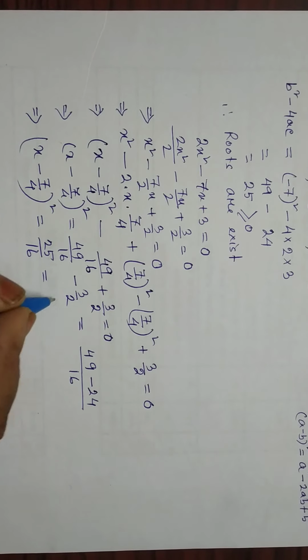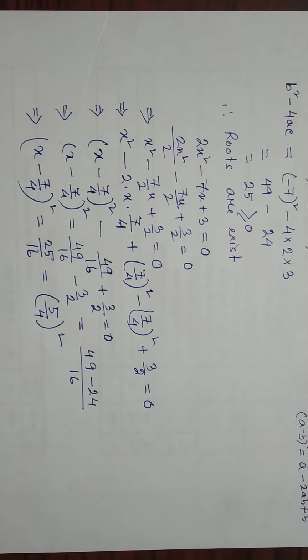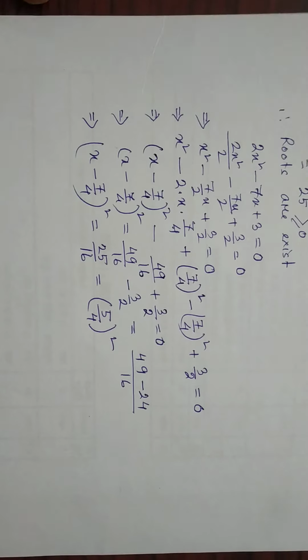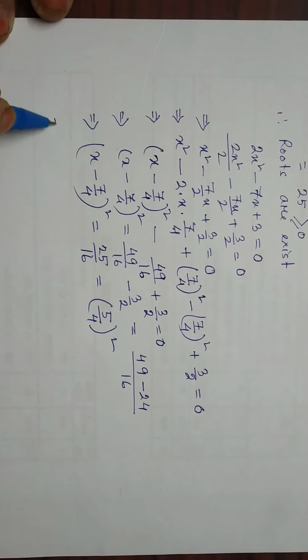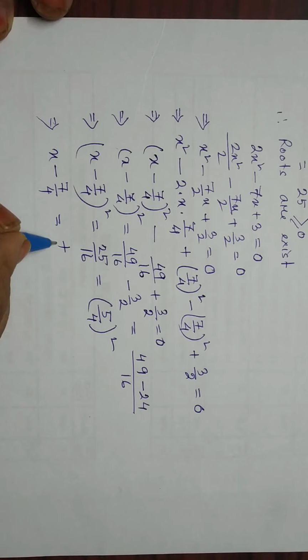And 25 by 16 we can write as 5 by 4 whole square. Next, we remove the square, then we get x minus 7 by 4 is equal to plus or minus 5 by 4.